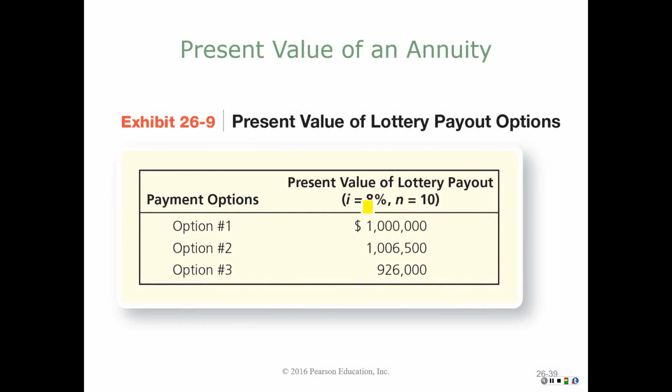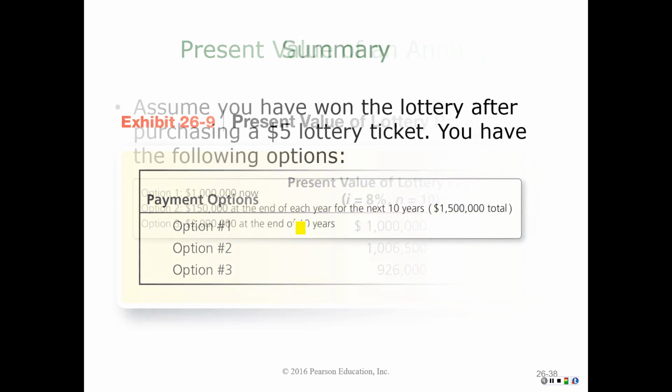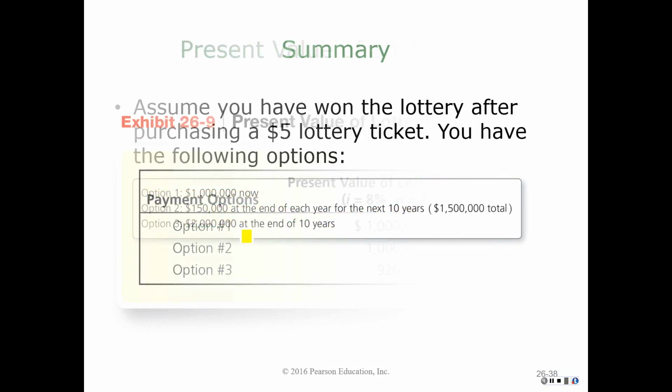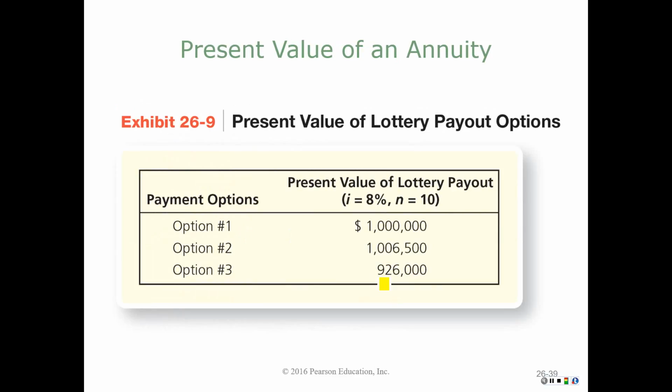I would get $1,006,500. For the final option, the present value of a lump sum at 10 years and 8%, I would have $926,000.